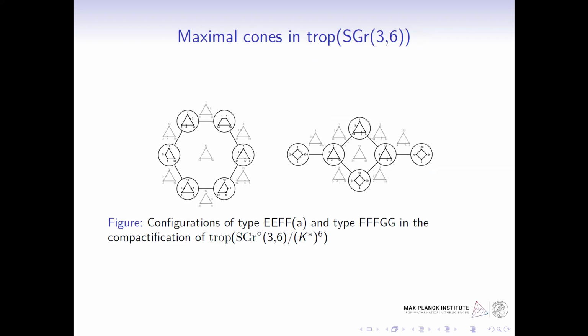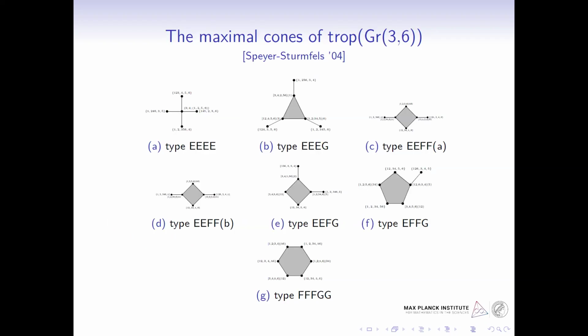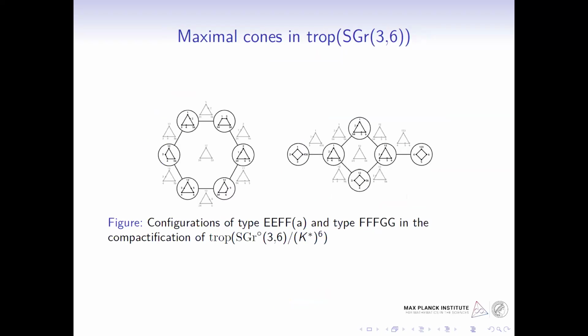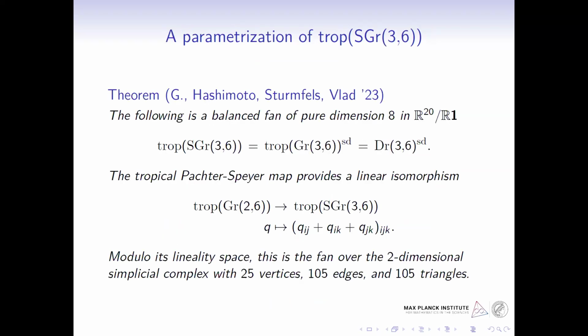And if you've been attentive, you might have noticed that before I said we have the tropical Grassmannian, we intersect with the self-duality condition, which would be trop Gr(3,6) upper SD. And here I'm claiming this is the tropicalization of the self-dual Grassmannian, which is like first intersecting and then tropicalizing. This is already part of our theorem, where we computed all these 3 spaces, and it turns out for 3/6 they are the same.